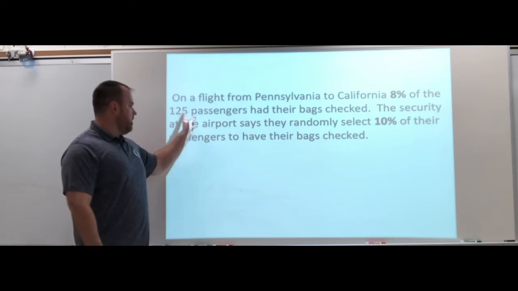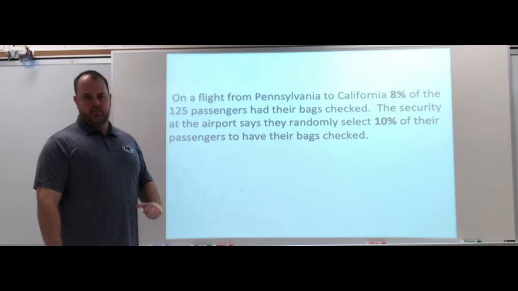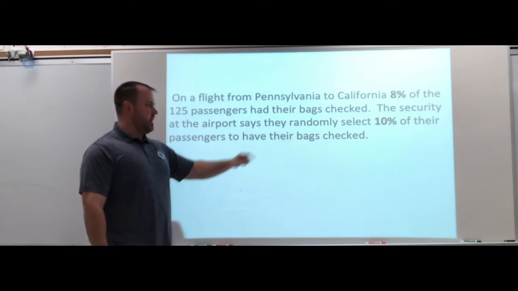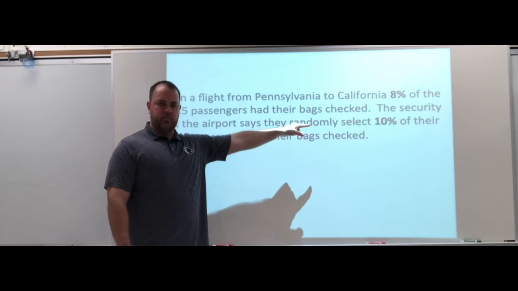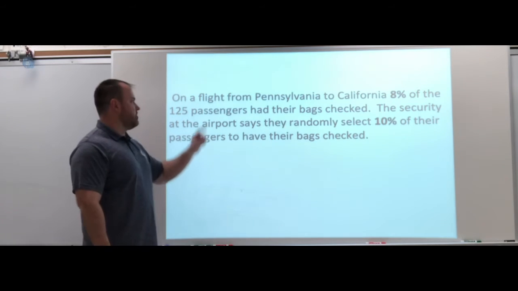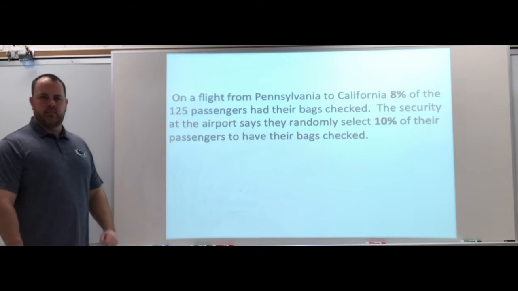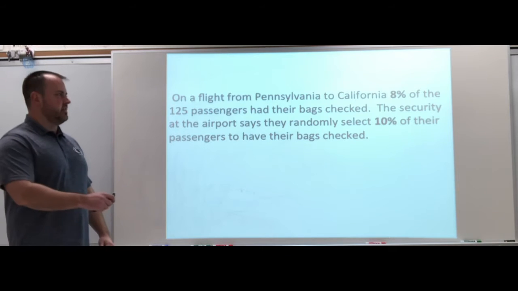The one sample of 125 passengers, 8% of them were checked. So since the 10% is all passengers, okay, that would be our parameter. It's talking about all of our passengers. The 8% is talking about just that group of 125 passengers. So that 8% is going to be our statistic.